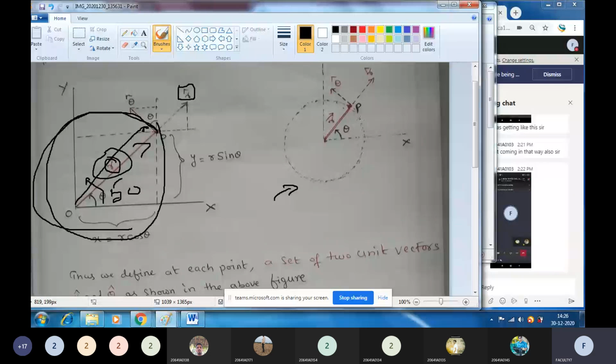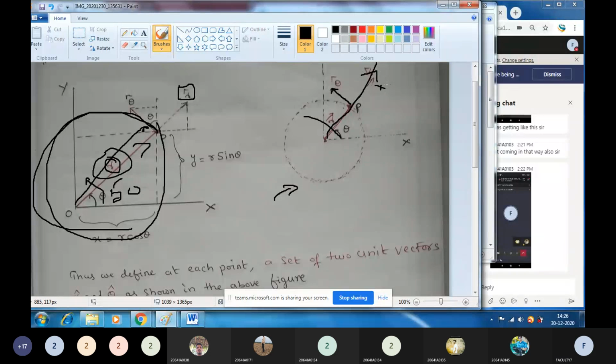Now theta is increasing in this direction, so the representation for the direction of theta will be like this. If you increase the r value, the point will move in this direction, so that's why r cap is in this direction.